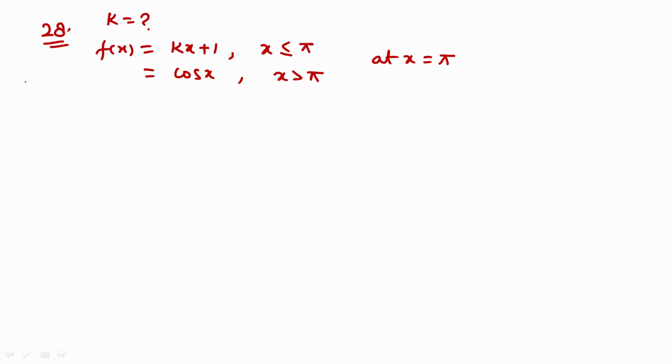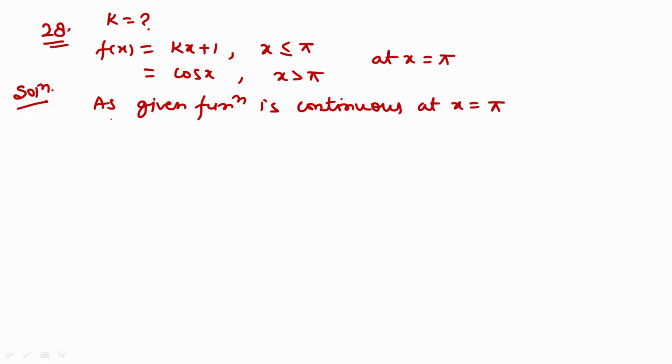It will be continuous at x equal to pi. So as the given function is continuous at x equal to pi, then limit x tends to pi minus f(x) is equal to limit x tends to pi plus f(x) is equal to f of pi.